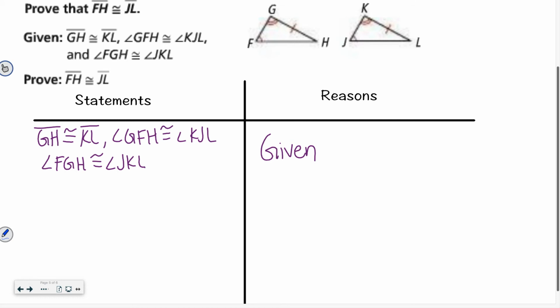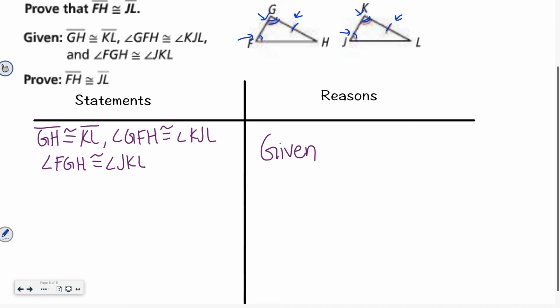Then, if I look at that, I'm just going to highlight this a little so it's easier to see. I was just given a lot of information, right? And if I look at my picture, I see I have an angle, angle, side, angle, angle, side.